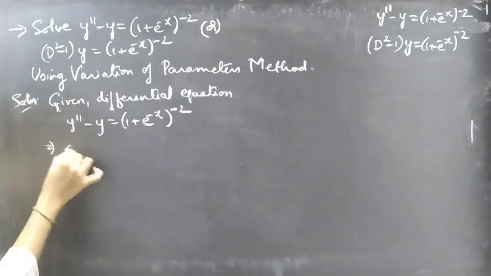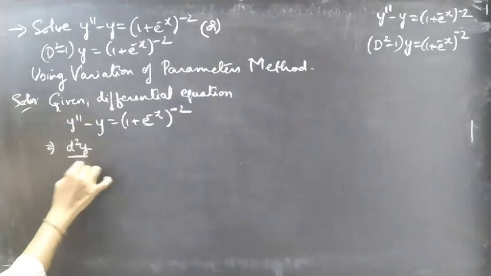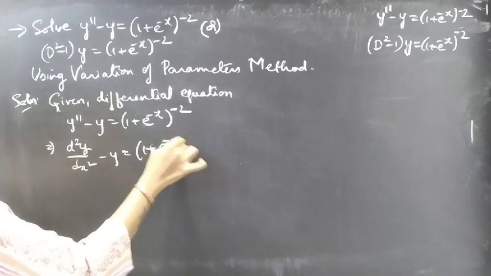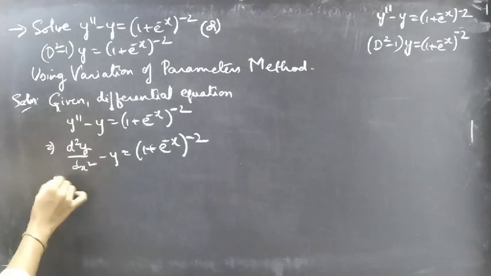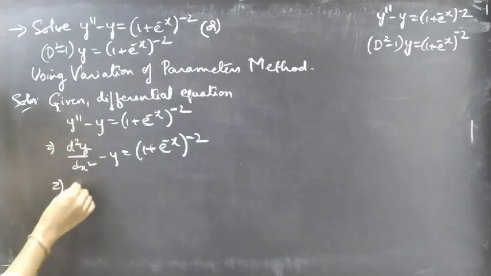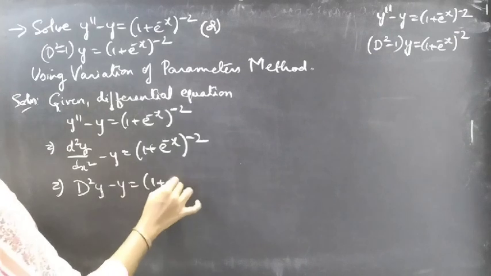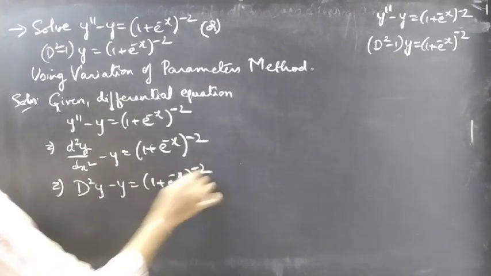We can write y double dash as d square y by dx square, minus y equal to 1 plus e power minus x raised to the power minus 2. And we can write d square y by dx square as capital D square y, minus y equal to 1 plus e power minus x raised to the power minus 2.